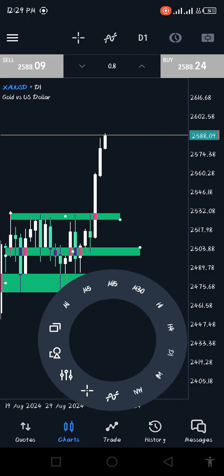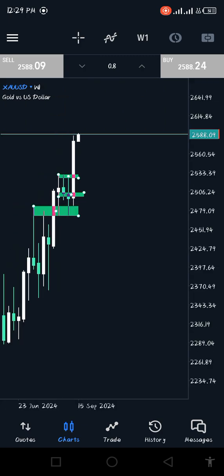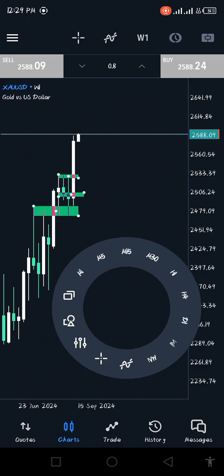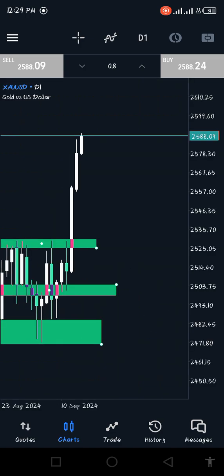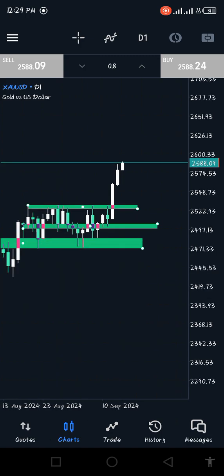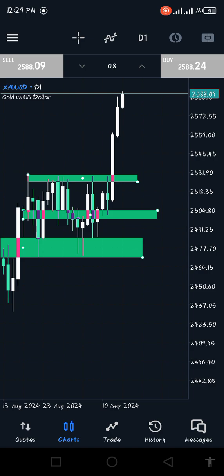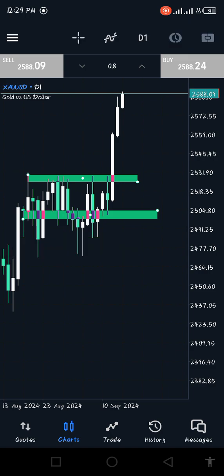If we can move to the weekly time frame, we can see that much more clearly. But let's consider the latest data in the market, the latest major levels in the market, that level and that level.